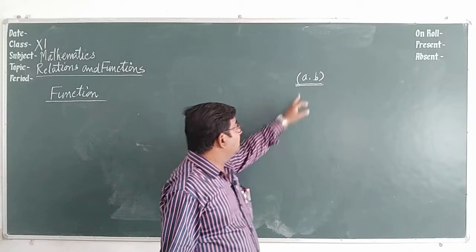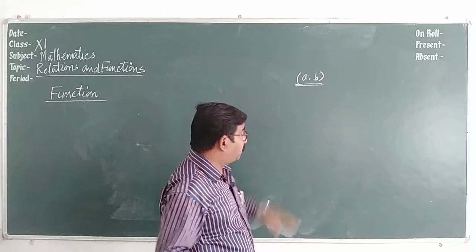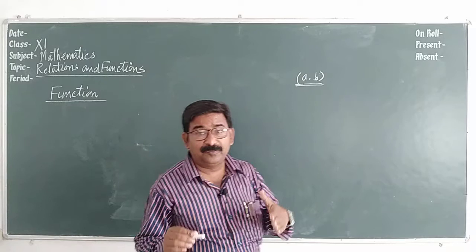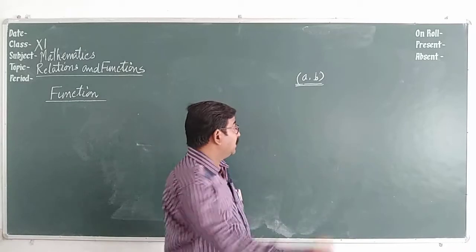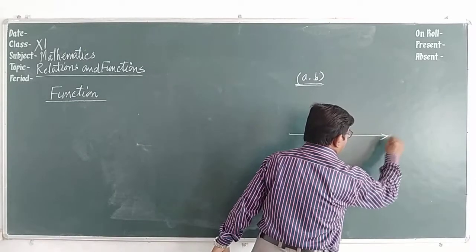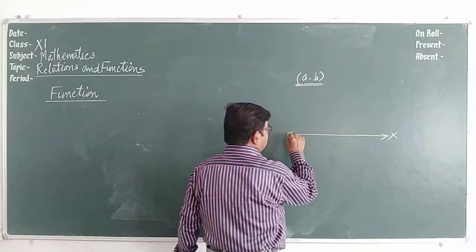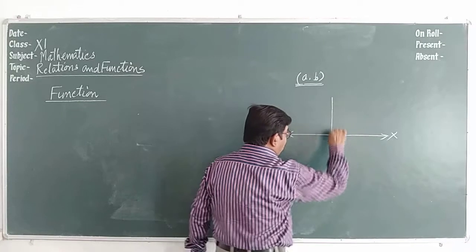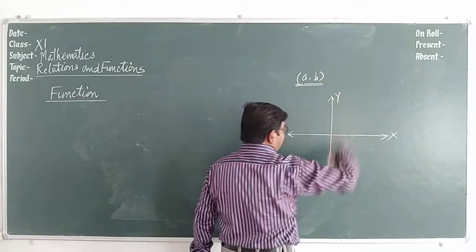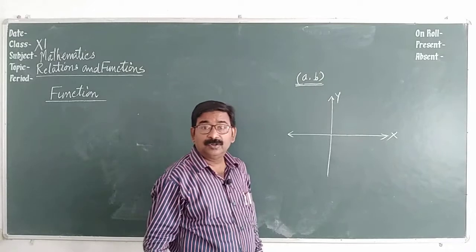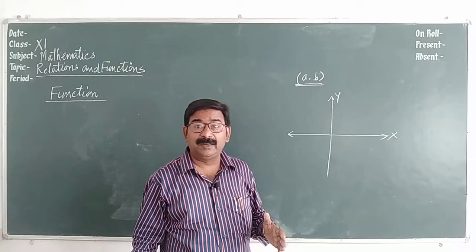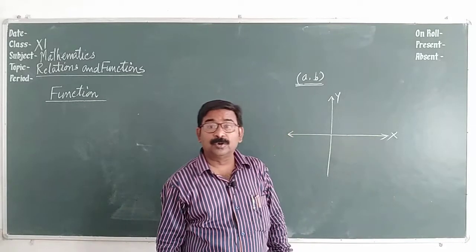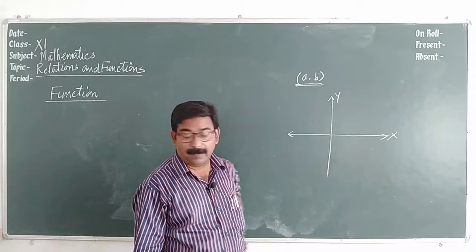So when we plot the graph of any function, whatever value we choose on x-axis, this is domain, and if values are found on y-axis it is range. So collection of all first element means all abscissa, and abscissa is on x-axis. So these two things are to remember.